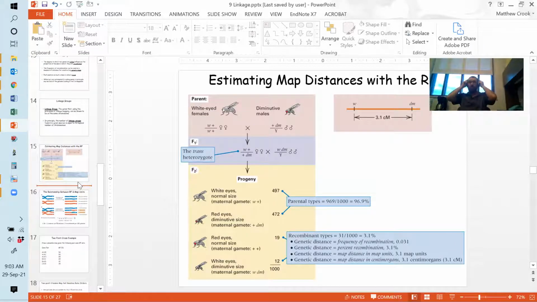So essentially, we can do a whole bunch of these, right? Pick a number of different genes which we suspect are on the same chromosome, and do a bunch of different two-point crosses between the two genes. And from that, we can work out where they are relative to each other.